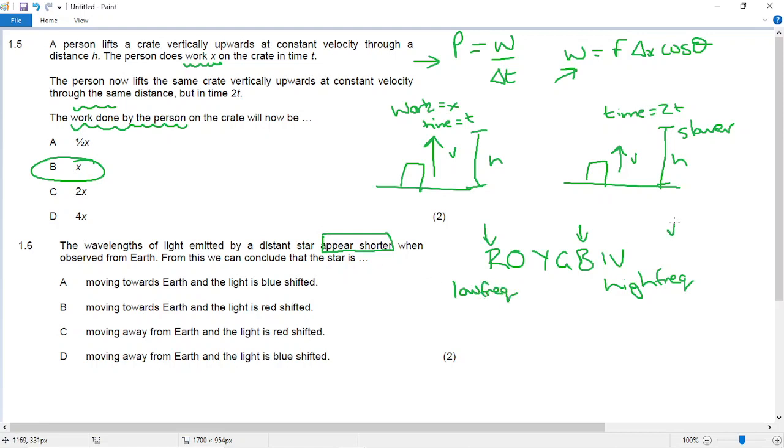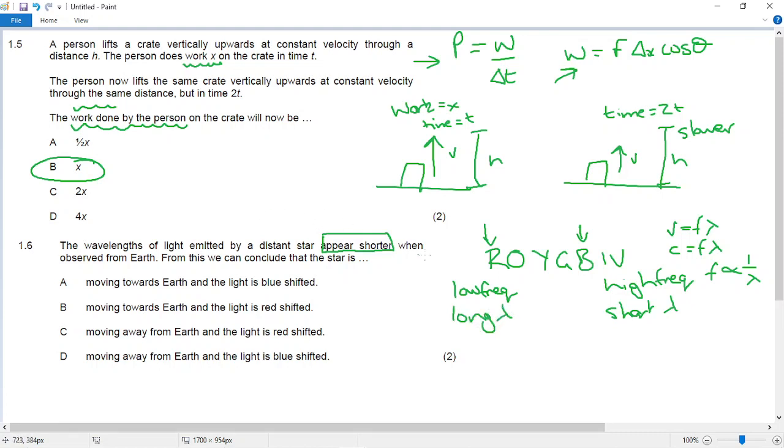So we know V equals F lambda, or in this case, because we're talking about light, C equals F lambda. So frequency is inversely proportional to wavelength. So a high frequency has a short or a low wavelength, and this one has a long wavelength.